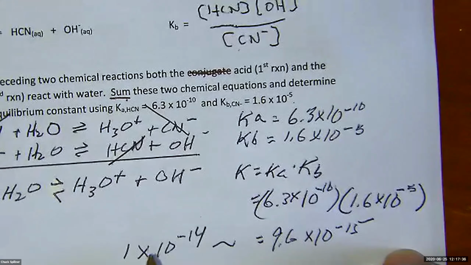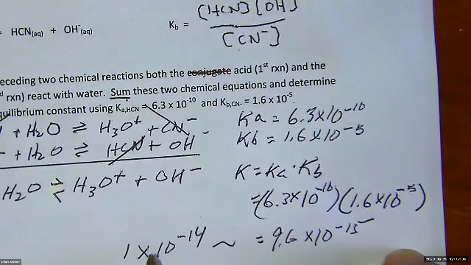So what's important to know, for an acid and its conjugate base, if you multiply their equilibrium constants together, you get Kw. So that's an important equation. If you know one but not the other, we always know what Kw is.